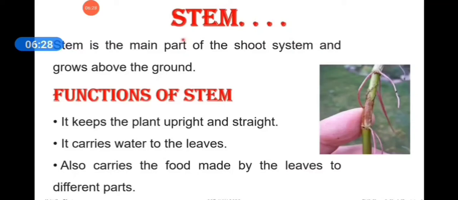It is stem. Stem is the main part of the shoot system and grows above the ground. Functions of stem. It keeps the plant upright and straight. It carries water to the leaves. The water that root absorbs, it helps to reach to the leaves. Also carries the food made by the leaves to different parts of the plant.